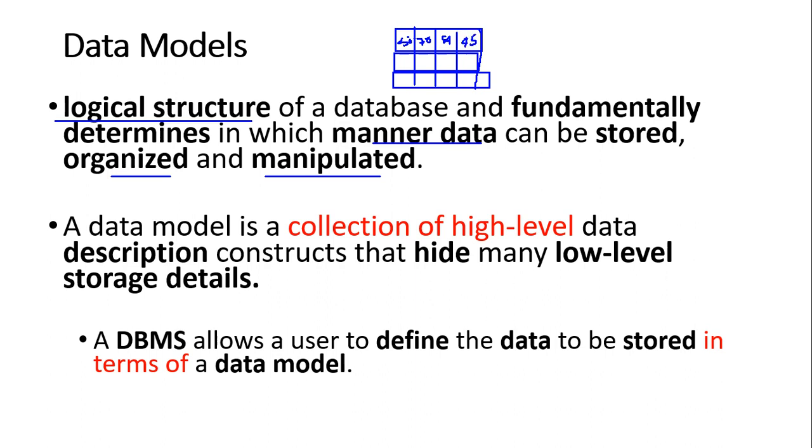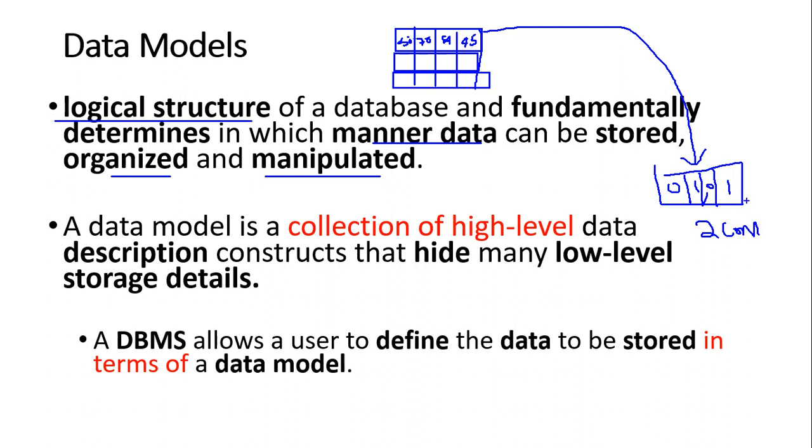Now this is the logical way. Now how is it physically stored? Physically it may be stored in the form of zeros and ones, because you know very well computer understands binary. Now it is not binary alone, it may be 2's complement form. Hope everybody is familiar with that 2's complement form. So some format, some complex way in which it is being stored.